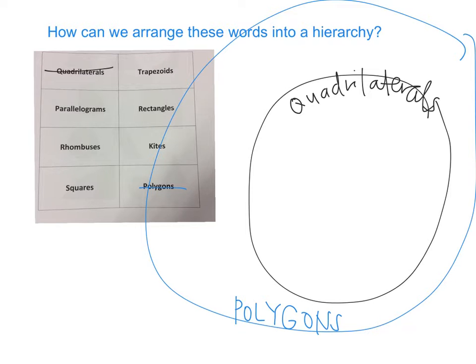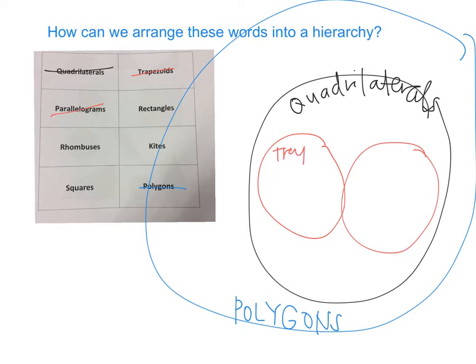Now, inside quadrilaterals, what would come next? Do we have two different kinds of quadrilaterals? We have trapezoids and what? Let's write that in here. Trapezoids. And then in here we have rectangles.